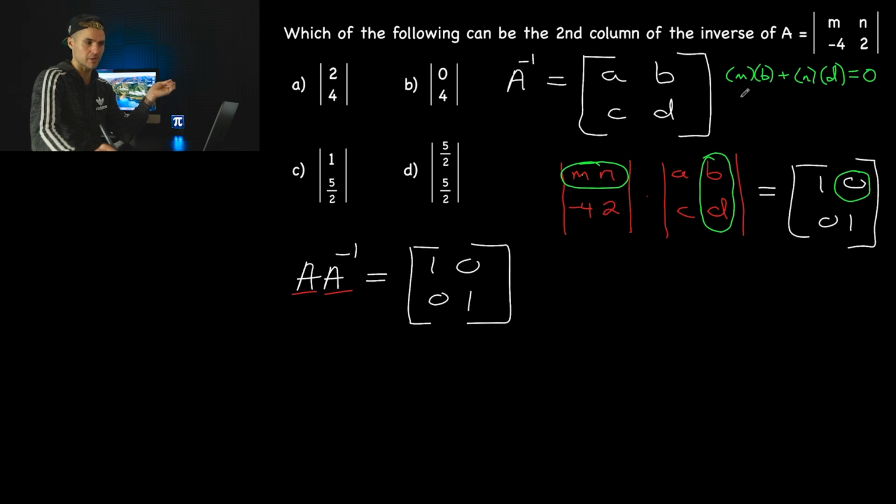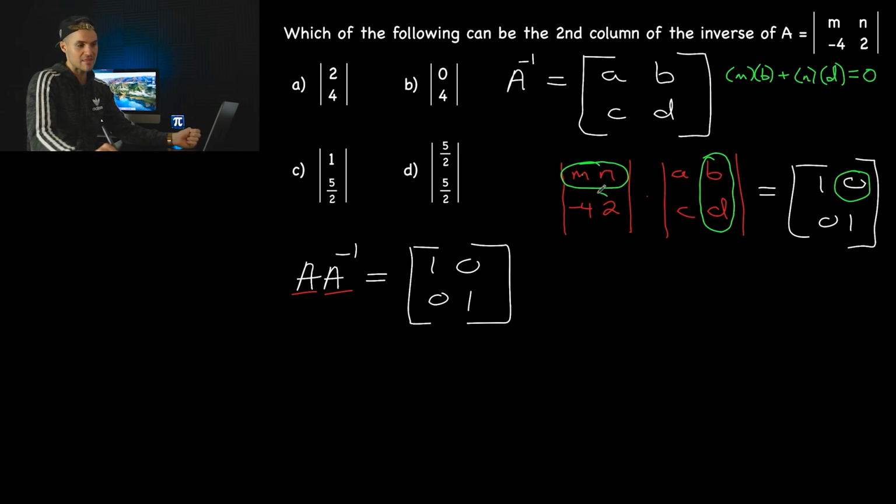However, what's the problem here? Well, not only do we have these variables B and D that we're trying to figure out what they can be, we also have this M and N, and we don't know what that is. Those are also variables here. And so there's no way to tell which of these can be B and D because M and N could be anything. And so we don't know which of these is going to give us 0, because we don't know what M and N is.